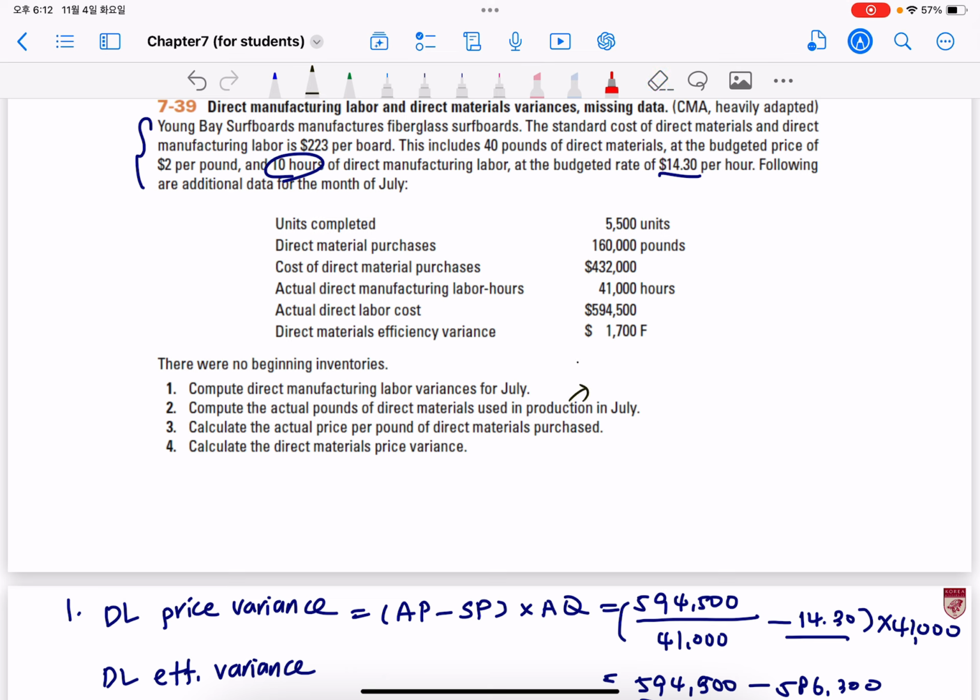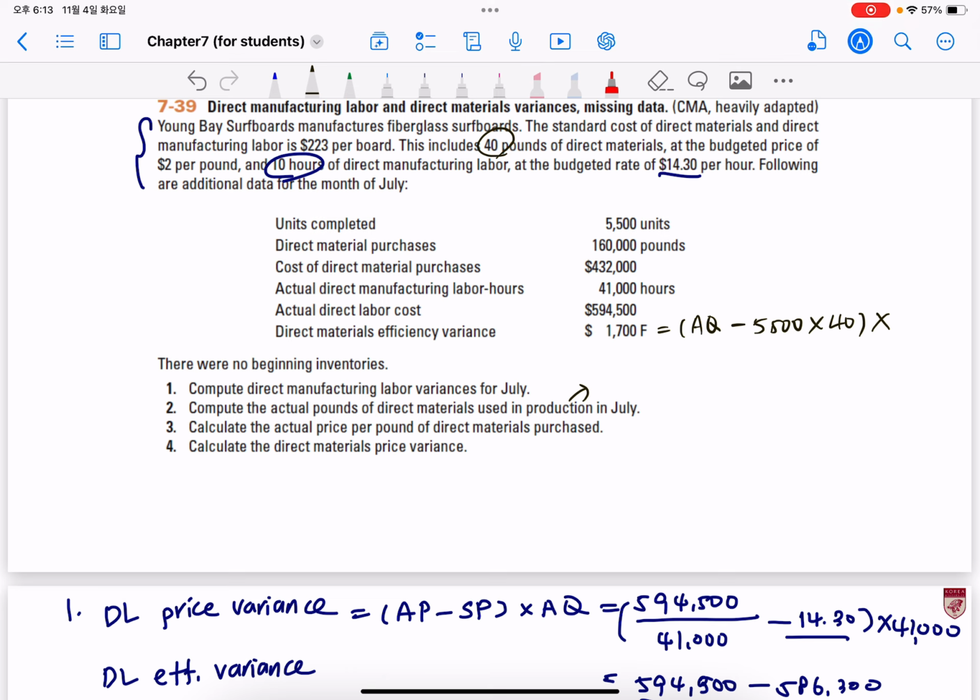Okay, so the DM efficiency variance is 1,700 favorable. That means, again, the actual Q minus the standard Q. And the standard Q can be based on the actual output Q, 5,500 times the standard input quantity per output, which is given as 40, right? 40 times the standard price, right?